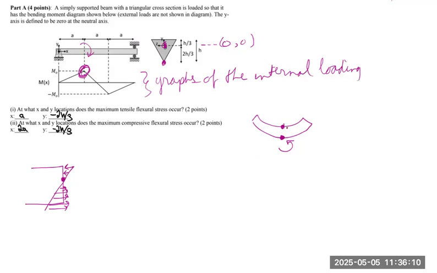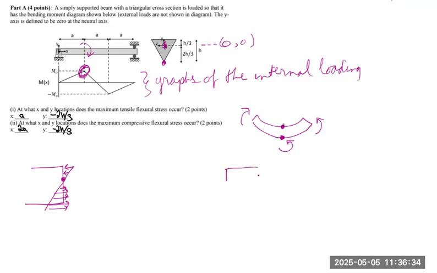And why does a positive internal moment correspond to a smiling face? This is given by our sign conventions for internal loadings, which are different than our sign conventions for external loading. For external loading, we commonly take the positive x-axis to be pointing to the right and the positive y-axis as pointing upwards. But for internal loading, it is different.